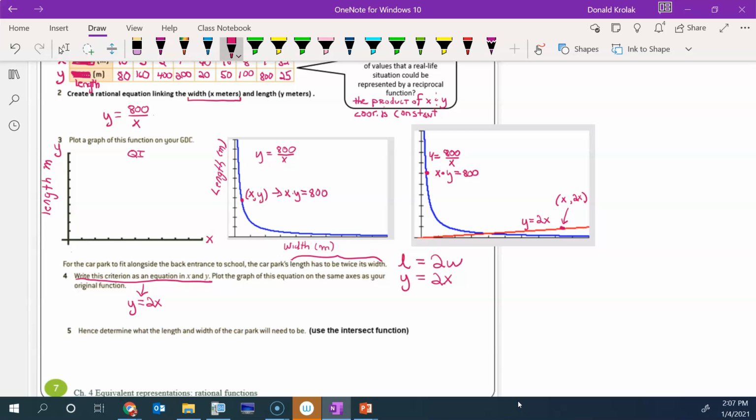So here's what you want to find. You want to find a point whose x times y equals 800 and whose y coordinate is twice the x coordinate.